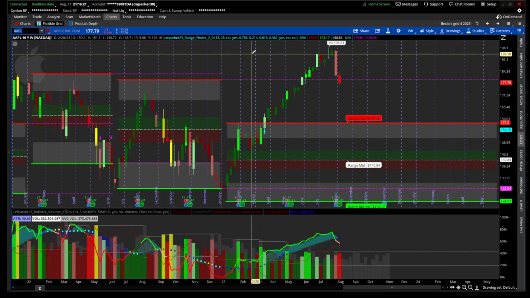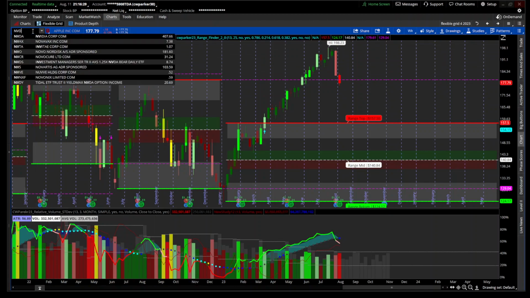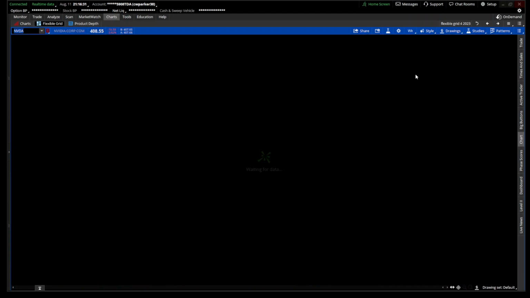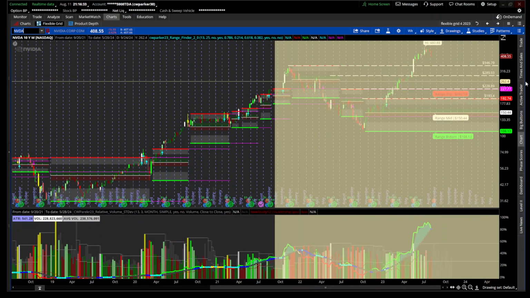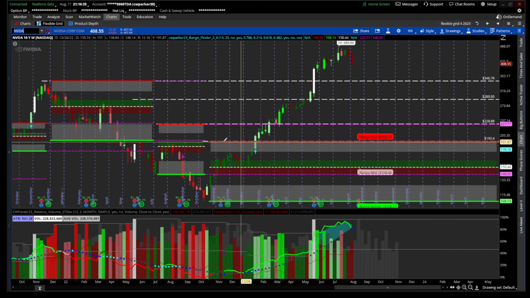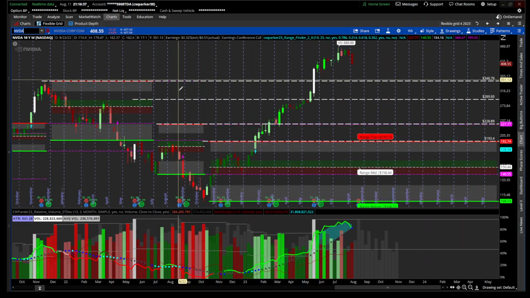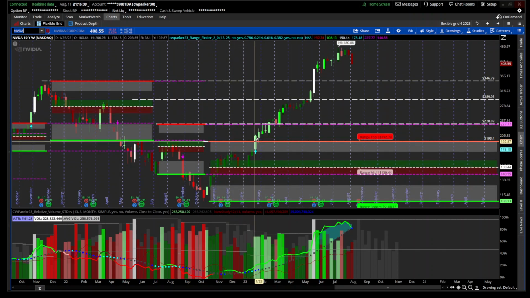And what was another one? Nvidia. It's finally pulling back some. I had these lines on Nvidia, and that's just where I marked out where it finally broke out.